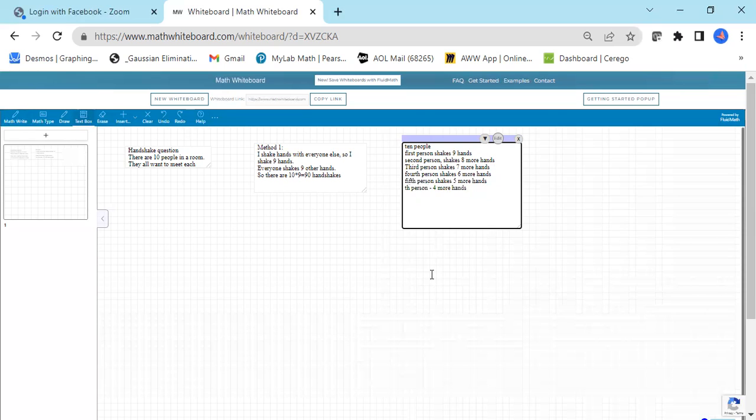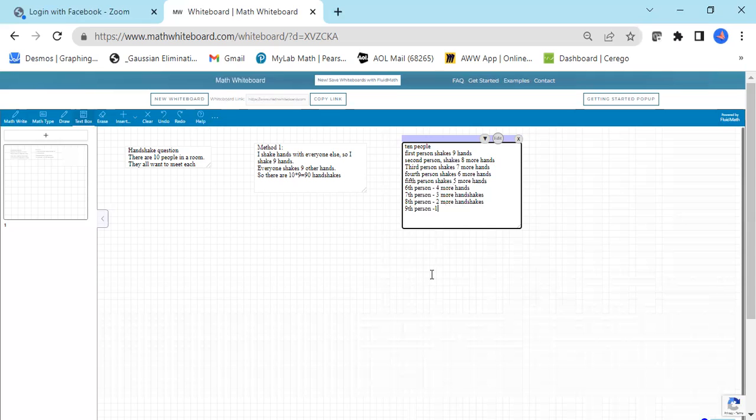This should be the 6th person. 4 more hands. 7th person, 3 more. And shakes. 8th person just has persons 9 and 10 to shake with. 2 more. And shakes. 9th person.